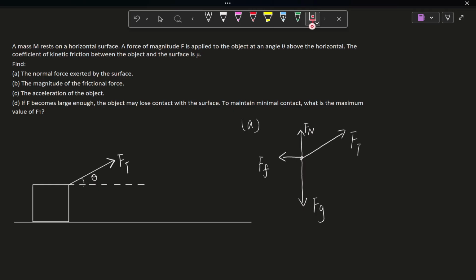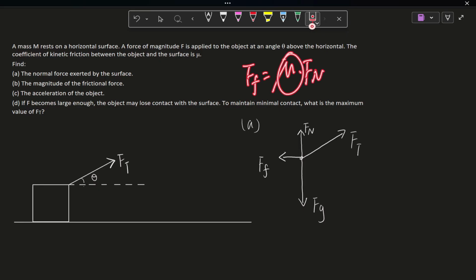One thing in this free body diagram that you should keep in mind is that the magnitude of Ff must be smaller than the magnitude of Fn. Ff is equal to mu times Fn, right?